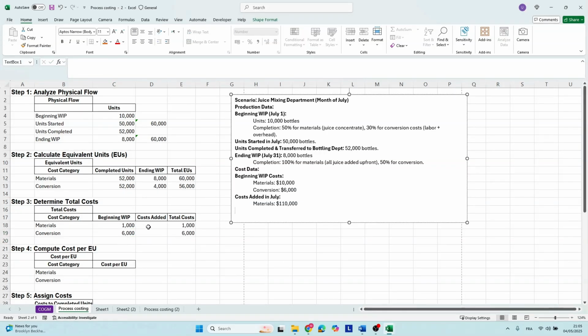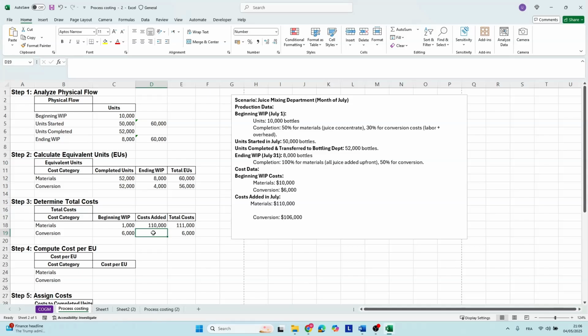For the material added, we had 110,000. And we have 106,000 conversion cost added. So we put it together, we get the total cost for material of 120,000. And for conversions, we got the total cost of 112,000.